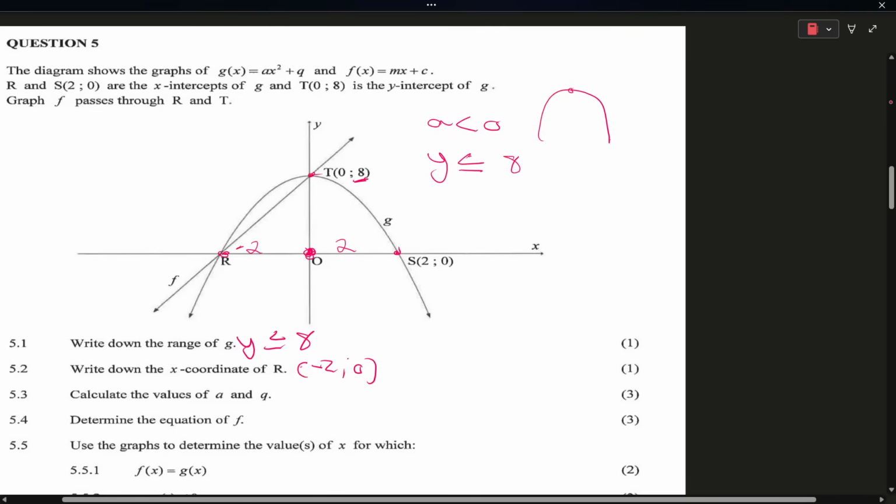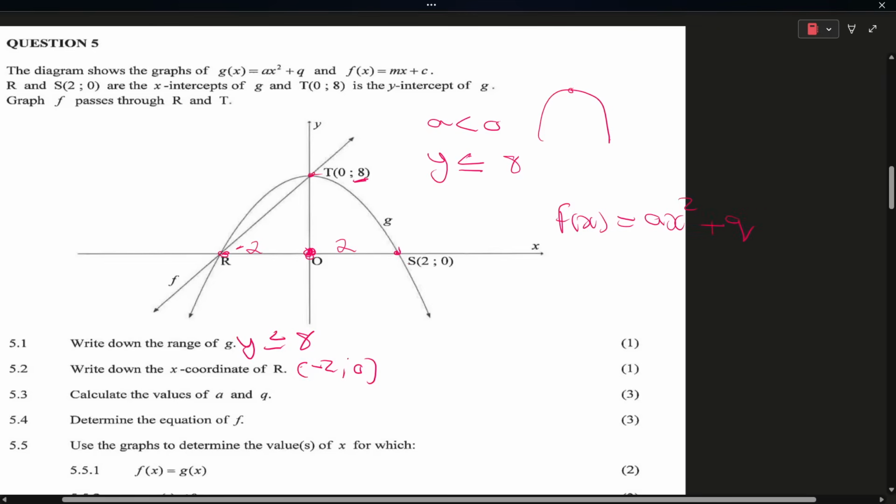And then they're saying calculate the values of a and q. Okay, calculate the values of a and q. So what I'm going to have, guys, now I'm given the equation that says g at x is going to be ax squared plus q.